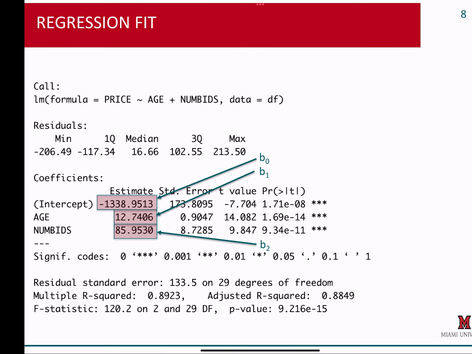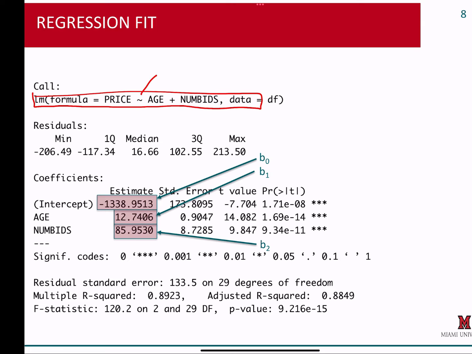The output of a regression in R is shown here. So you can see the estimates. There is an estimate for every one of the slopes and an estimate for the y-intercept. The code to use in R is basically shown here in the call. If you use the lm function, you don't really need to write formula equals, you can just put price.